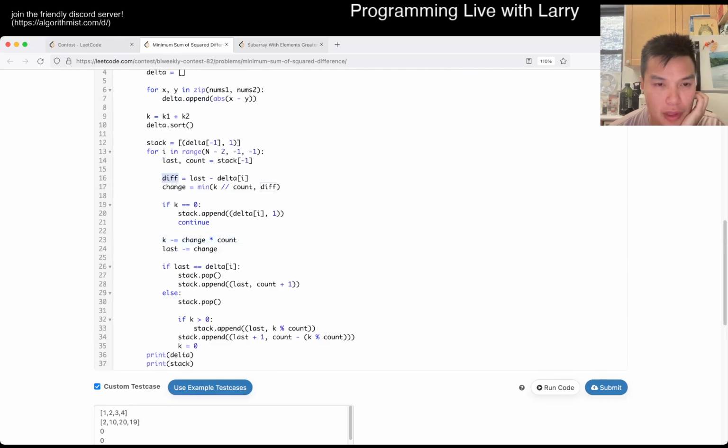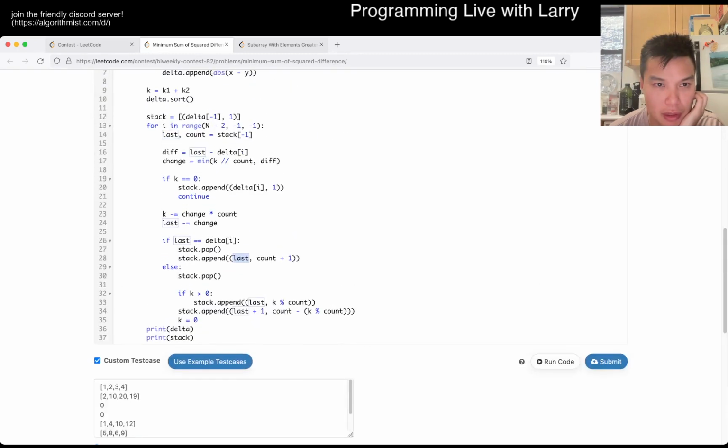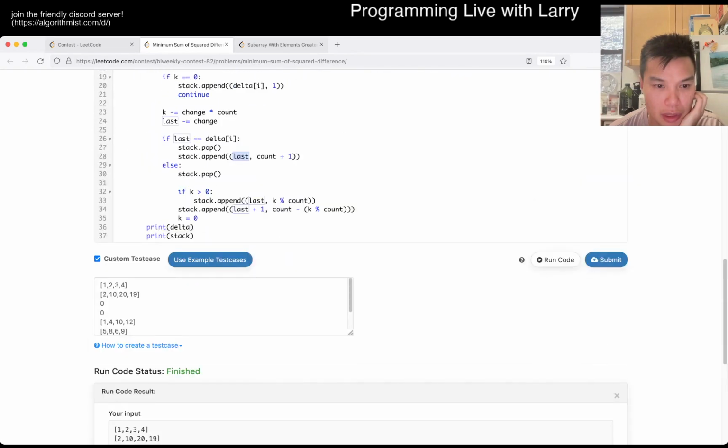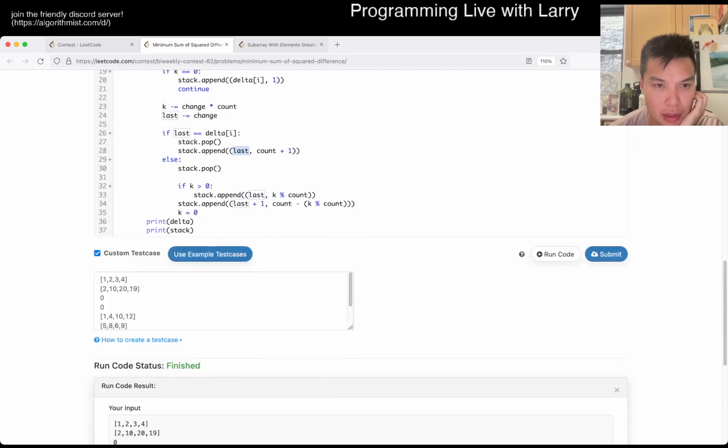So diff is 0, 0, this changes 0, this is 0, so k is non-zero. Okay. So this is true, so we pop and then plus 1. Okay. And we do it again, maybe.